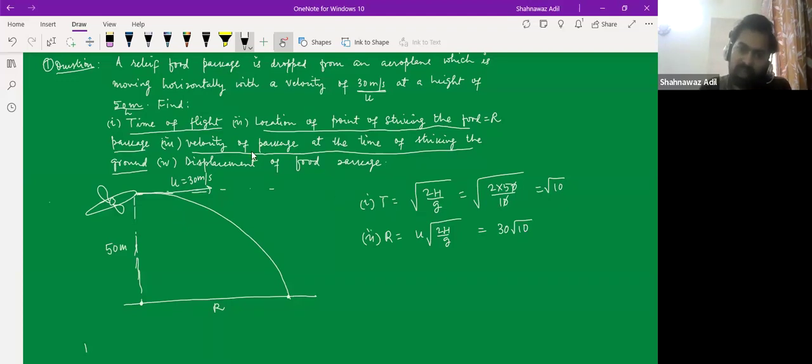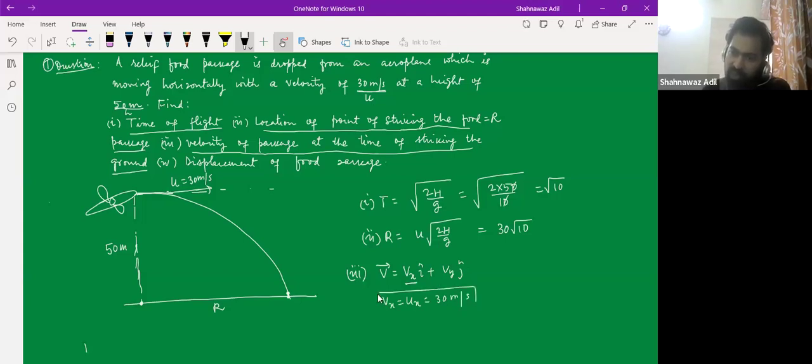And then we have to find out the velocity of the package at the time of striking the ground. So what is the final velocity? We know that final velocity will have two components, Vx i plus Vy j. And we already know that this doesn't change, so Vx is Ux, that is 30 meters per second.